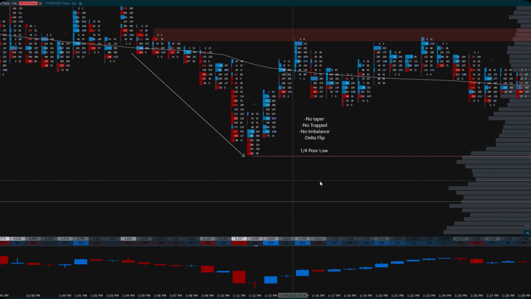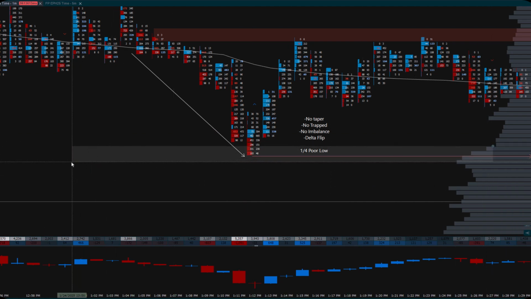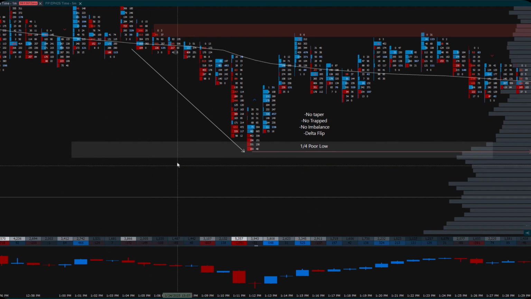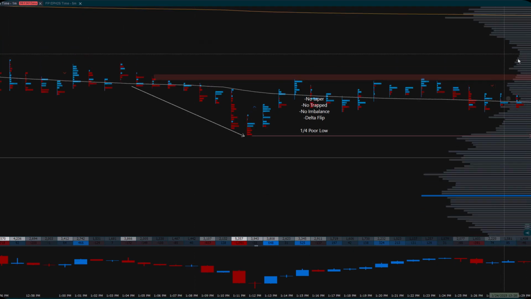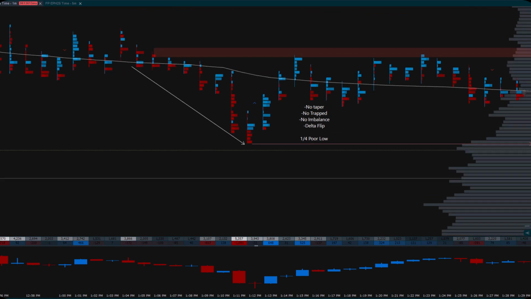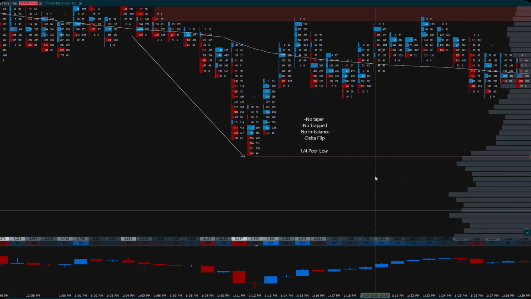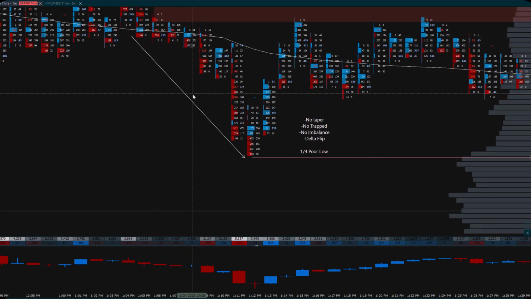So we are approaching my level, which was, here you can see my level was essentially like this extreme. Alright, and I wanted us to reject it and return to the value up here and play kind of a failed auction. So I saw us have negative delta moving down in here.